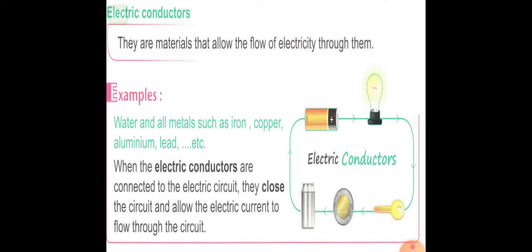It becomes a closed electric circuit, as we said before. So the electric conductors are the materials that allow the flow of electricity through them, such as all metals and water.